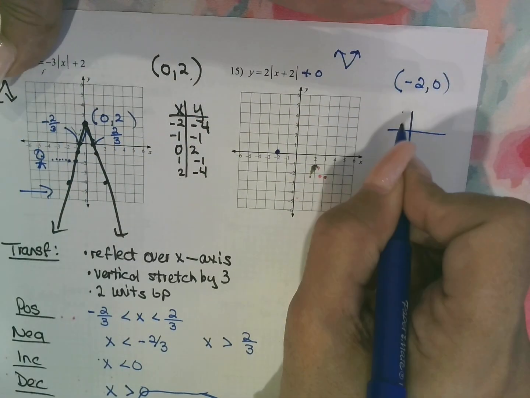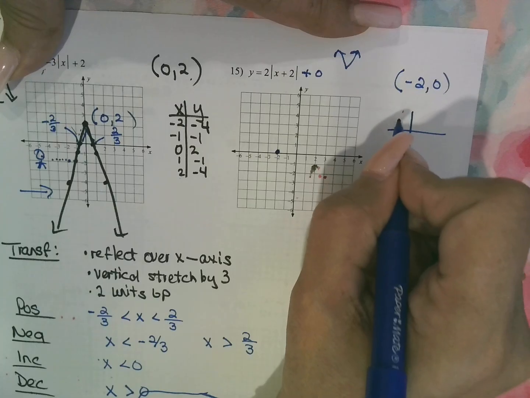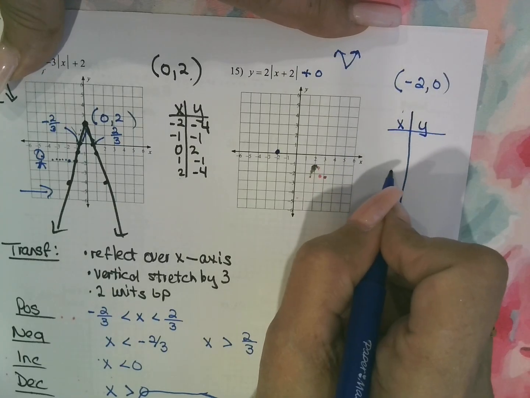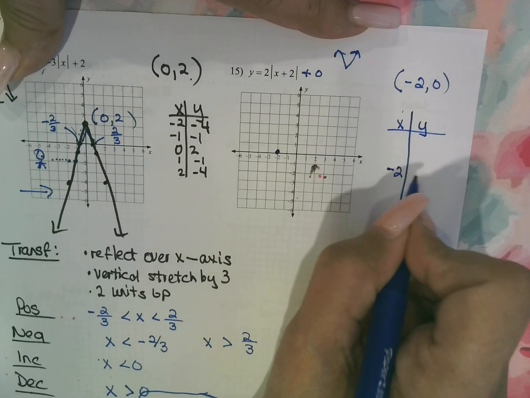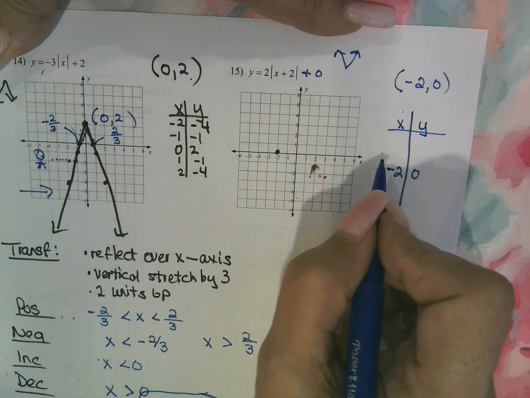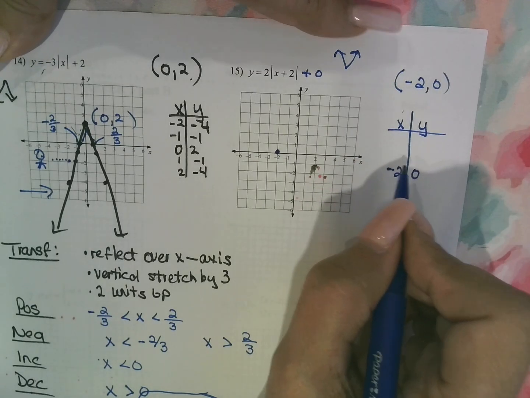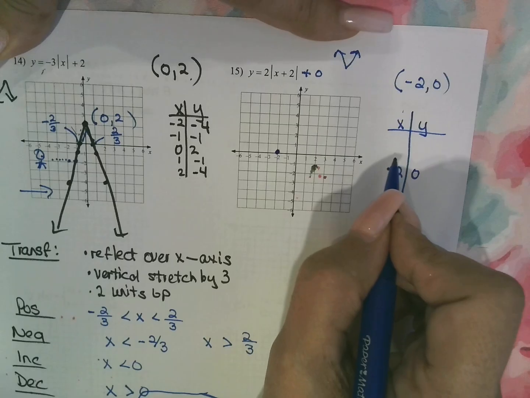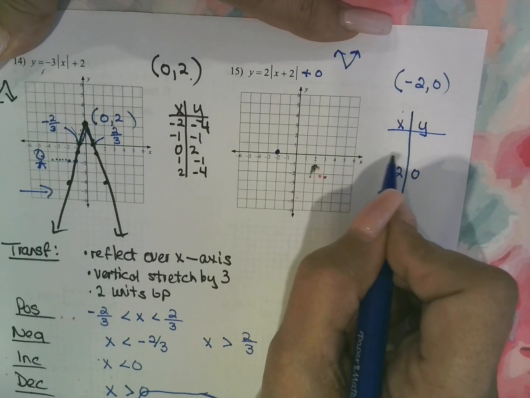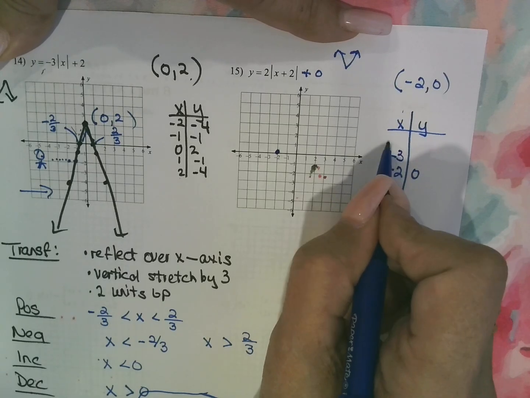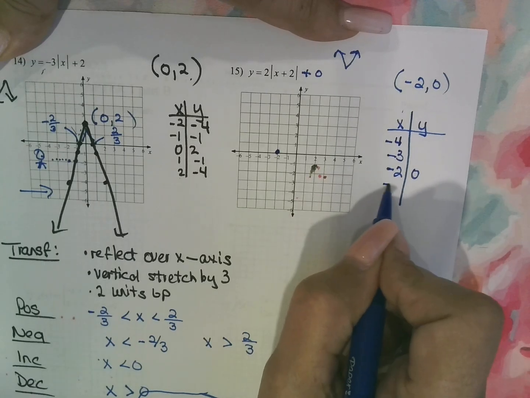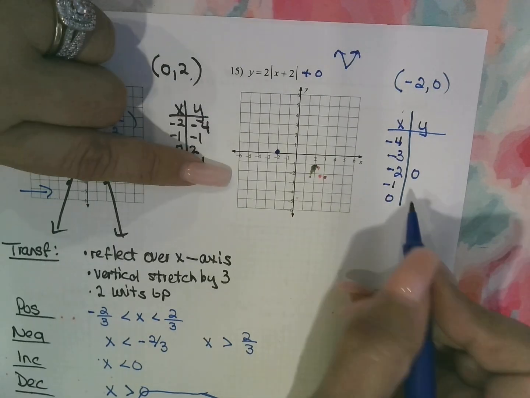Alright, let's do this. So we have x comma y. We have negative 2, 0. We're going to pick values that are smaller than negative 2. So let's do negative 3, negative 4, and bigger, negative 1 and 0.